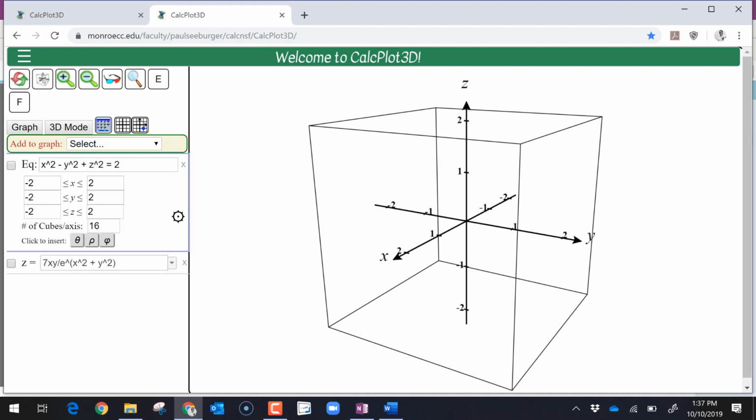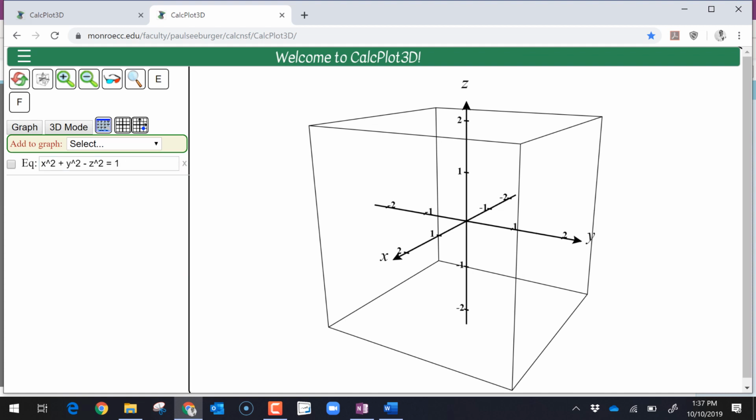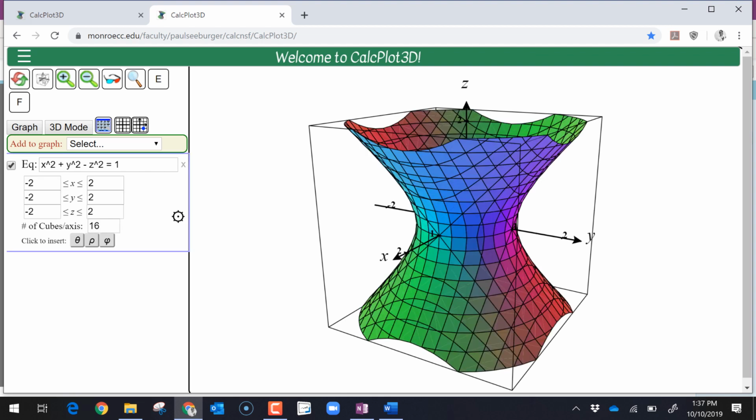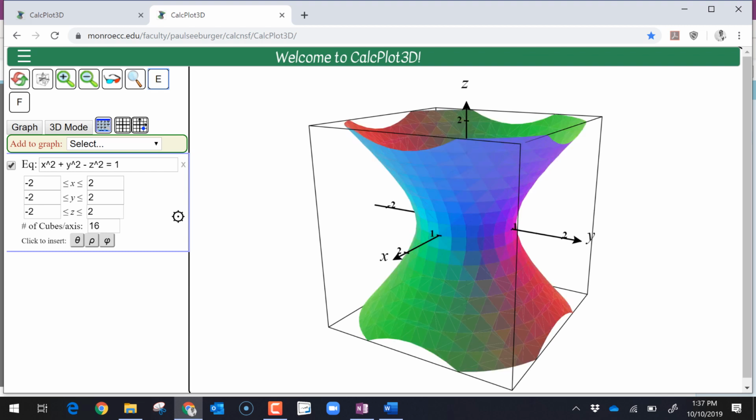I have x squared plus y squared minus z squared is equal to 1. Okay, as we expected, it's that hyperboloid of one sheet.